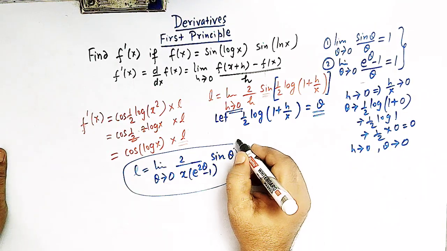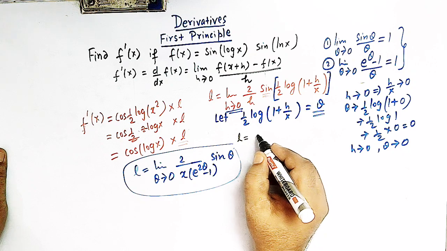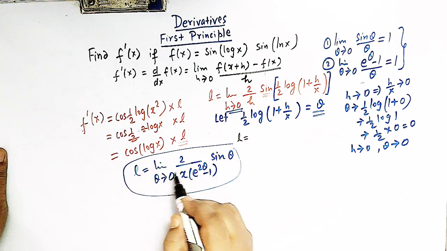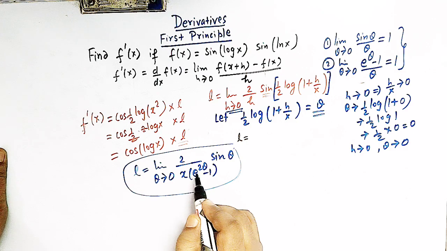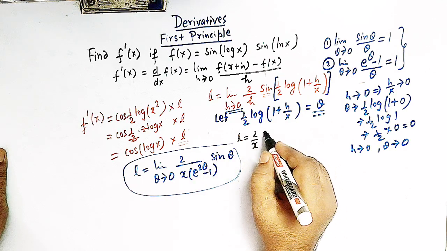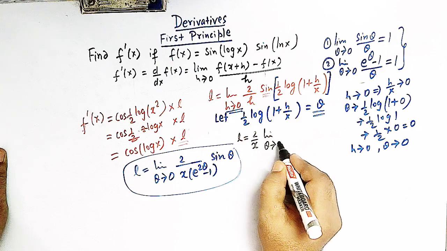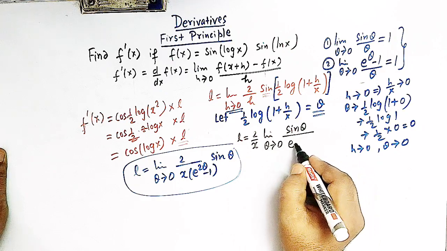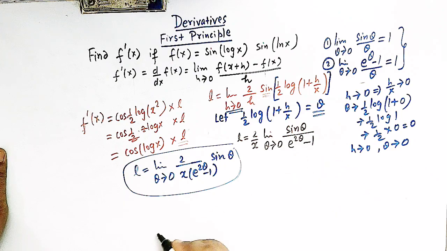So now this limit L can be written as, we can take 2 over x outside this limit notation, because 2 over x is independent of theta. So we have 2 over x, and then we have limit theta tends to 0, sine theta over e raised to 2 theta minus 1.